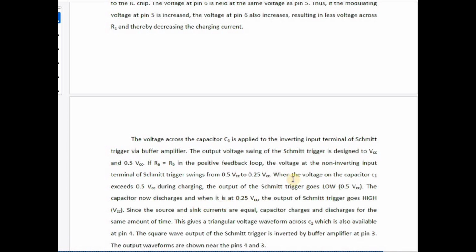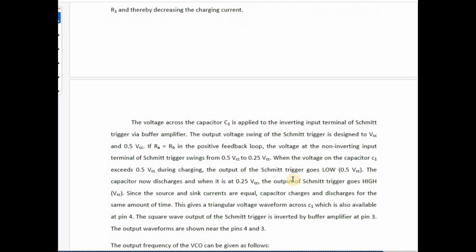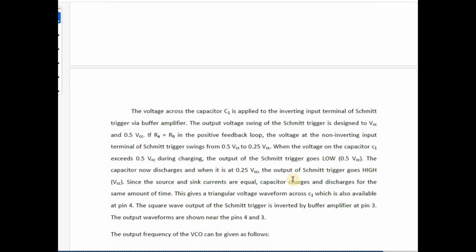Since the source and sink currents are equal, the capacitor charges and discharges for the same amount of time. So this will give a triangular voltage waveform across C1.